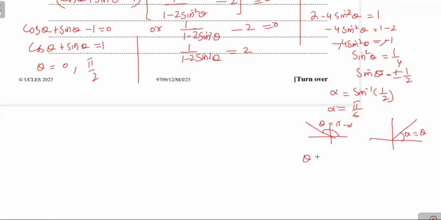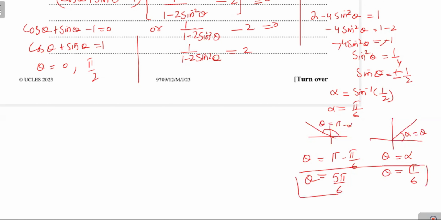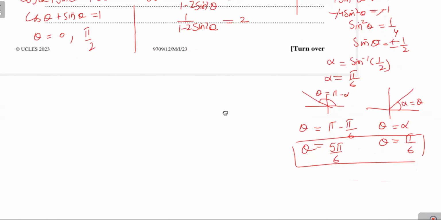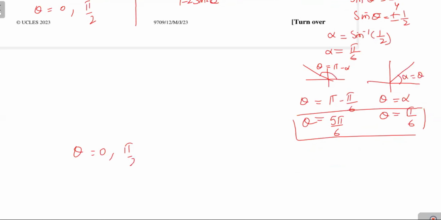Therefore the value will be theta equal to alpha, which we write as pi over 6, and theta equal to pi minus pi over 6 equal to 5 pi over 6, and therefore the possible values of theta will be 0, pi over 2, 5 pi over 6, and pi over 6. This is the answer.